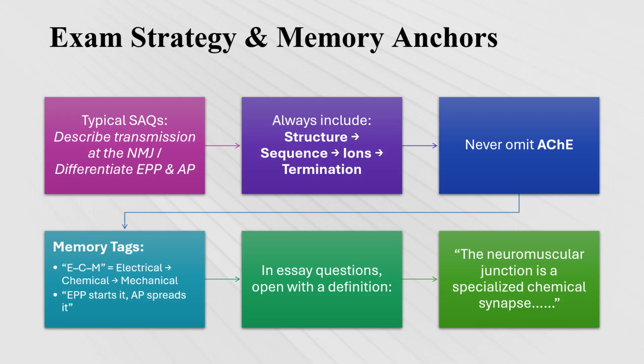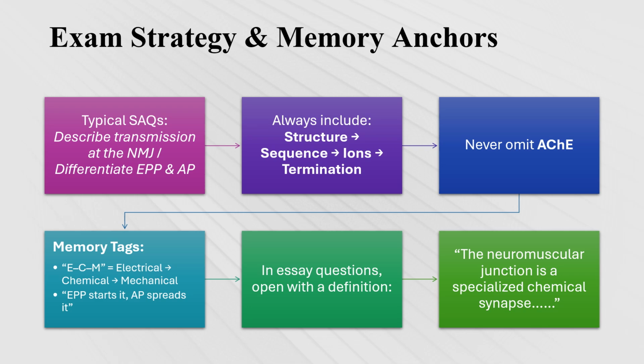Now, you can start with structure. Name the four components: the motor terminal, synaptic cleft, motor end plate, and the basement membrane. Then outline the sequence of events. Action potential arrives, leading to opening of voltage gated calcium channels.